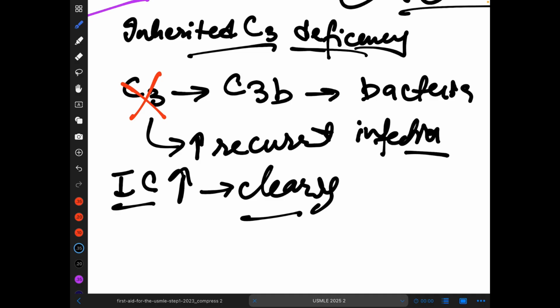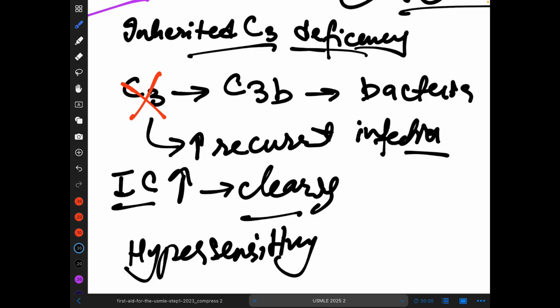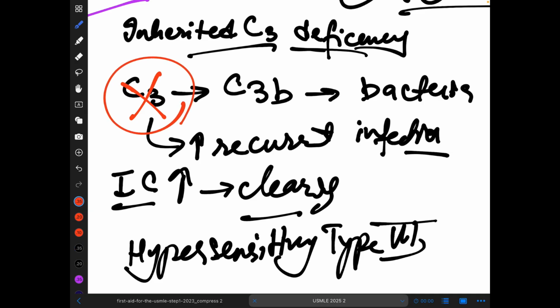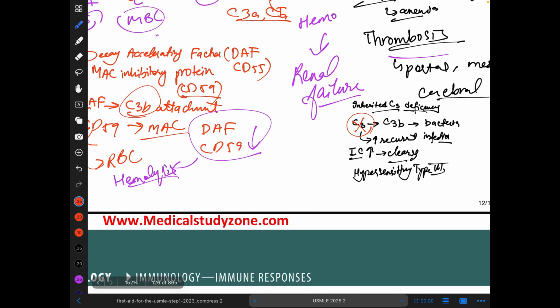Immune complexes will deposit in membranes because clearance decreases. C3 deficiency causes glomerulonephritis from immune complex deposition, and other type 3 hypersensitivity syndromes can happen. Very important points. When there is a deficiency of C3, clearance of immune complexes decreases and they deposit in membranes. Understand?